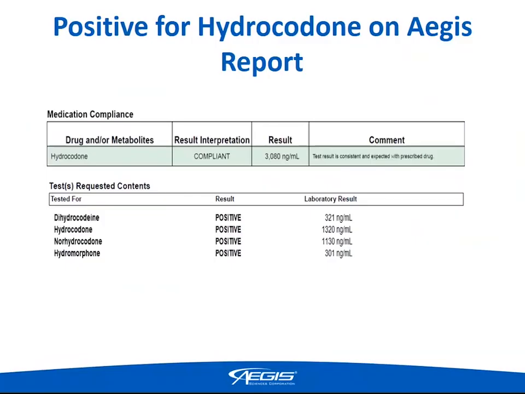So in this sample, you see the presence of parent hydrocodone and the metabolites norhydrocodone, hydromorphone, and dihydrocodeine. Hydromorphone and dihydrocodeine are also prescription drugs.